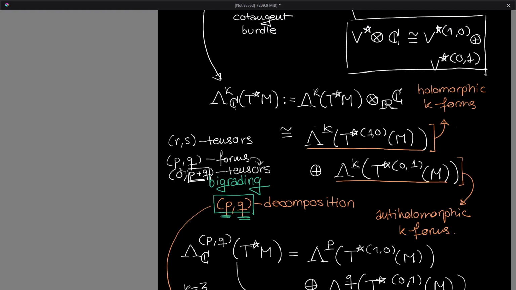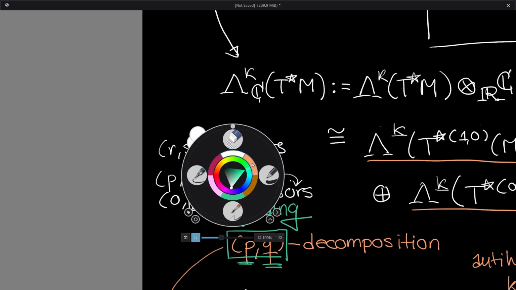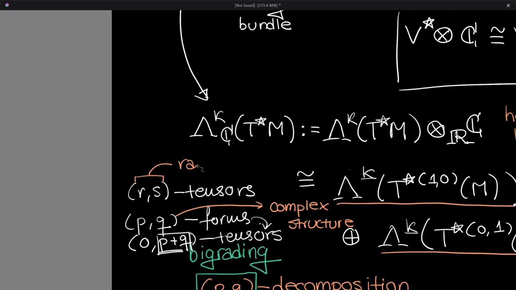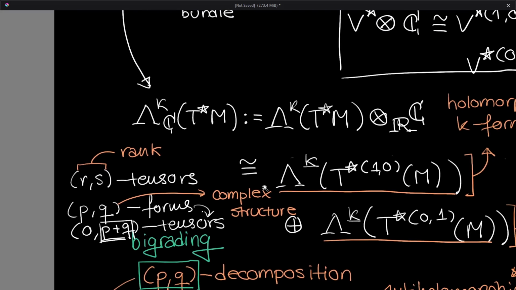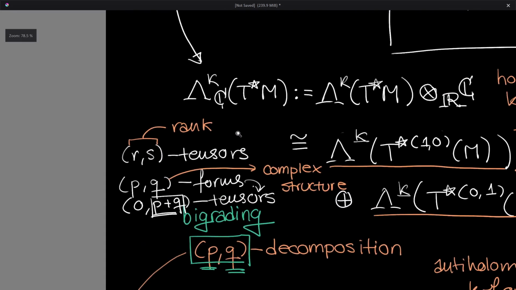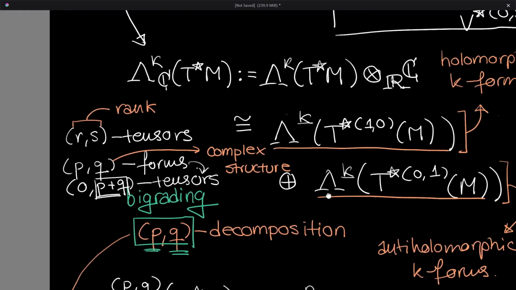So this is with respect to the complex structure. And this is with respect to the tensor. This is the tensor's rank, right? It is how many inputs the tensor takes, respecting whether or not it's contravariant or covariant inputs.